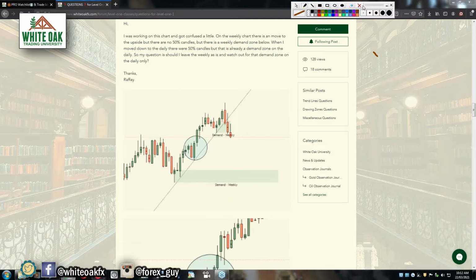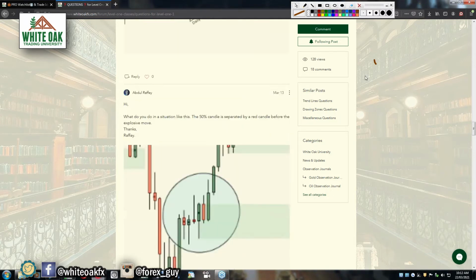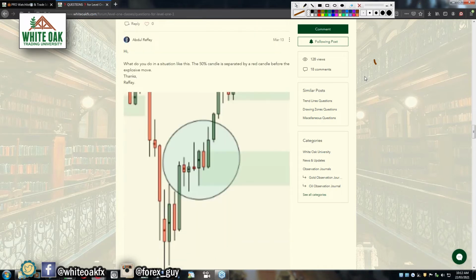What do you do in a situation like this? The 50% candle is separated by a red candle before the explosive move. So if there was supply here, your demand zone would be like this. Don't worry about the 50% candle. It's about where the move started, right?